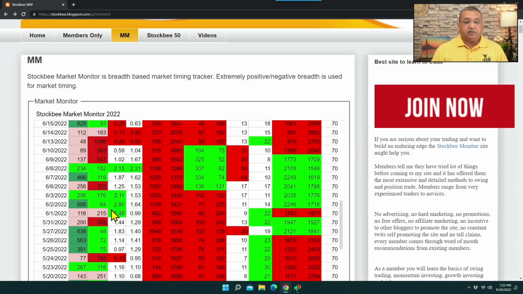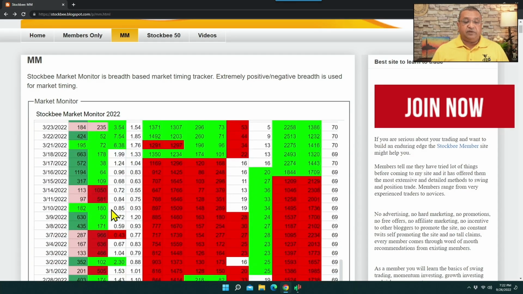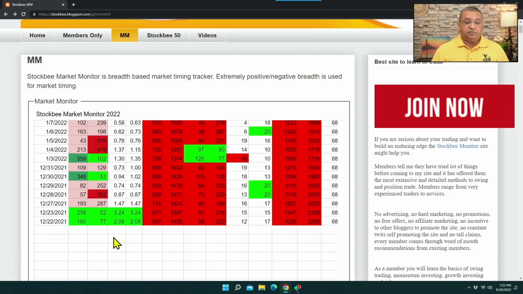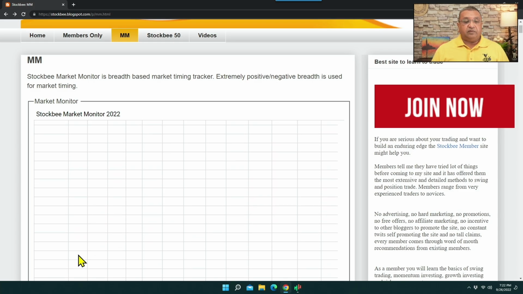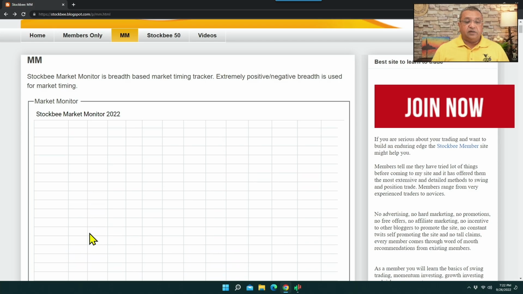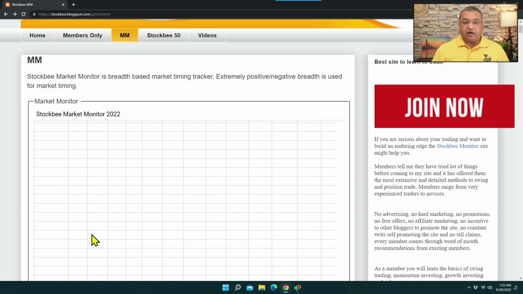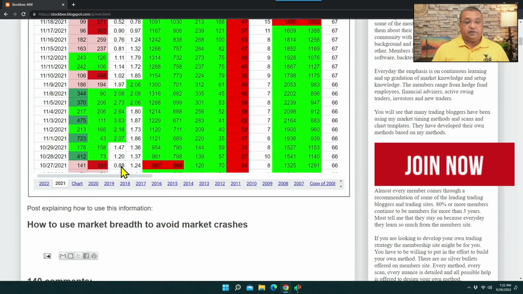Now similarly, when the market turns, you will see selling come in. As you can see, there was a continuous period of selling in November, and also selling in December, like in November of last year. You can see the data for many years here. If you scroll down to the end of this spreadsheet, you will see the data for 2021 also.